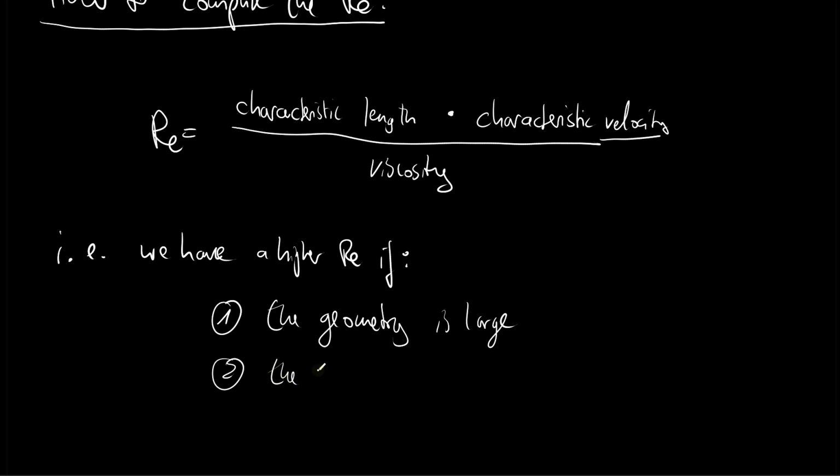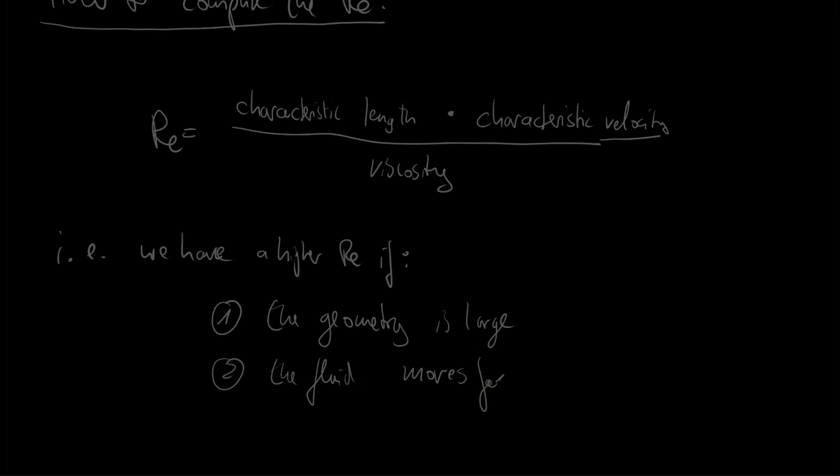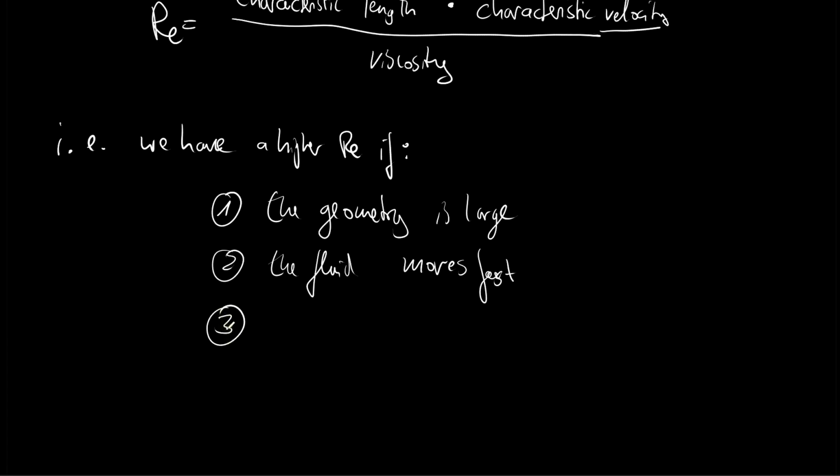So the fluid moves fast. And the last point is that we have a high Reynolds number if the fluid is rather inviscid. So in other words, it is not having viscous effects, or only small influences.